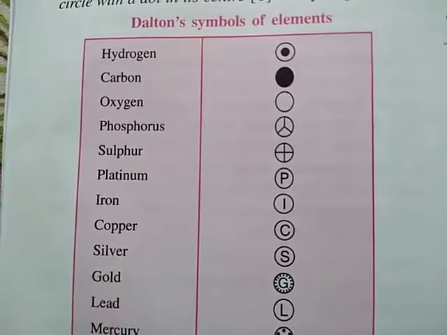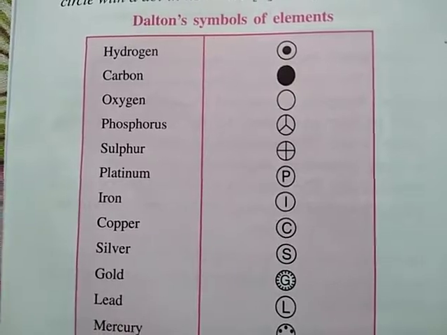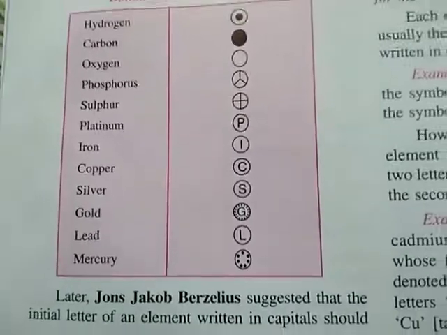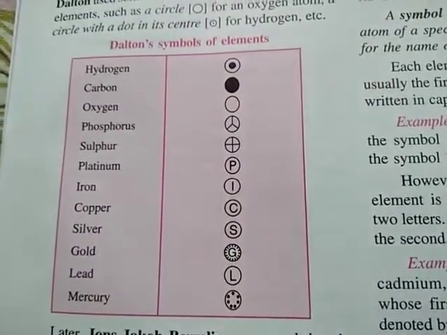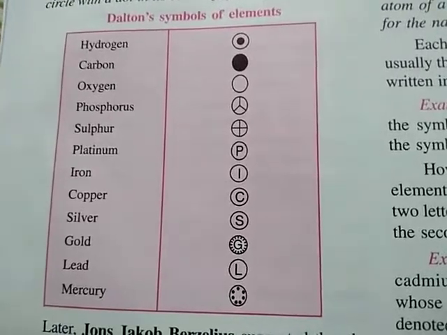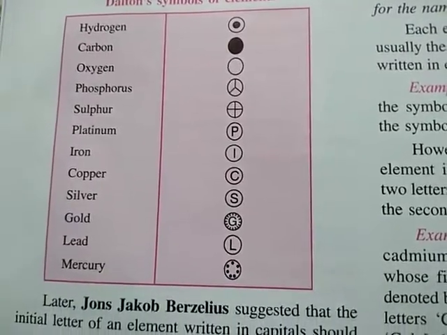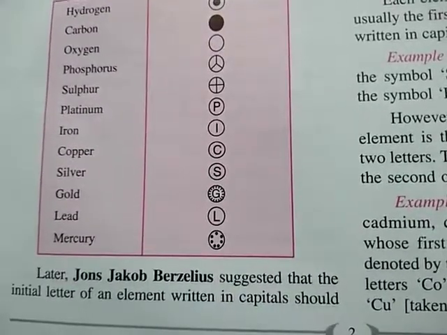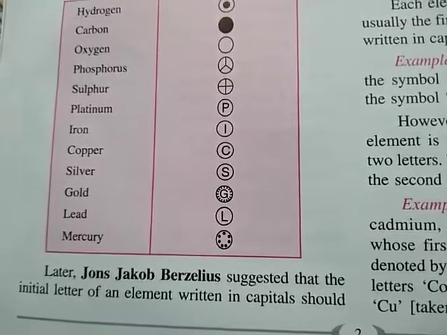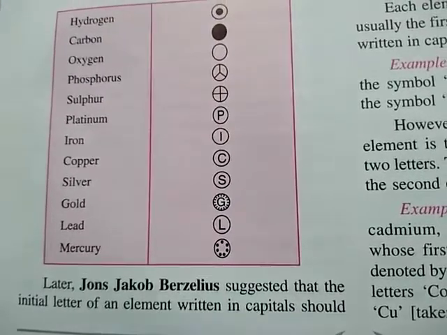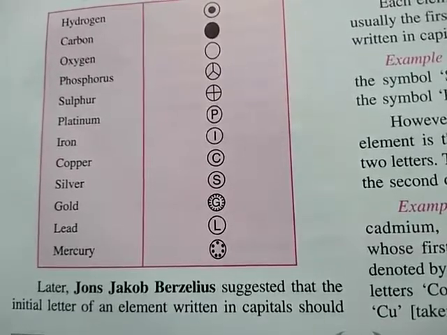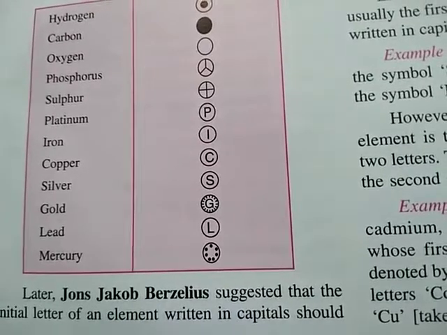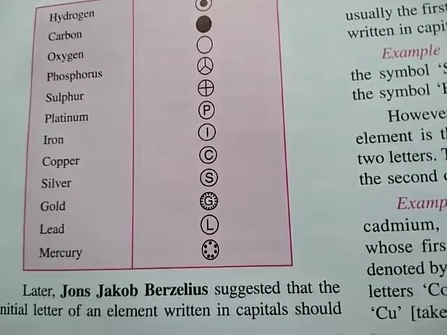They were not mentioned as O for oxygen, C for carbon, H for hydrogen, but these symbols were used some 300-400 years back. The present nomenclature for the symbols of these elements was decided by Johannes Jacob Berzelius. I hope you have heard this name earlier also, Berzelius.